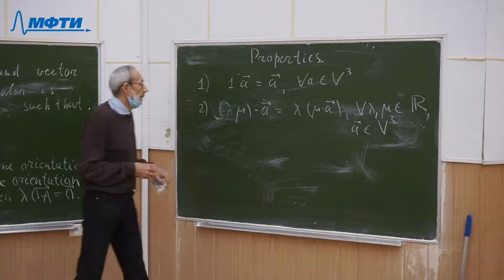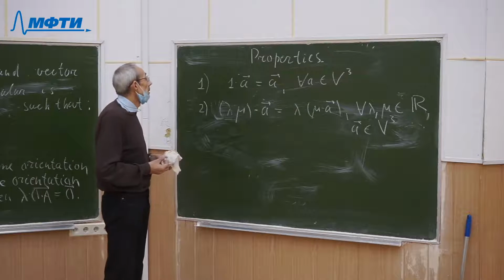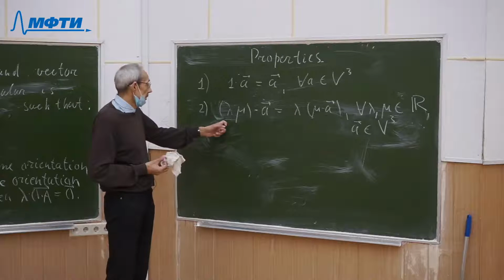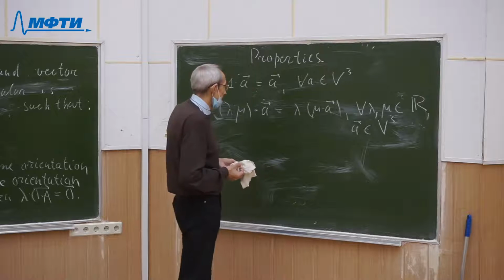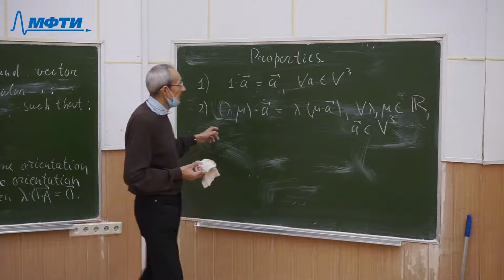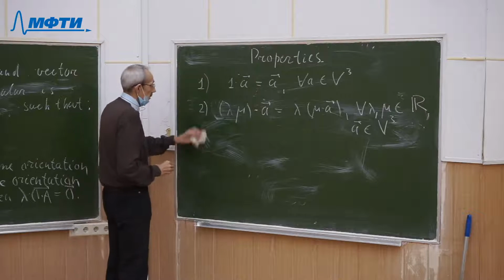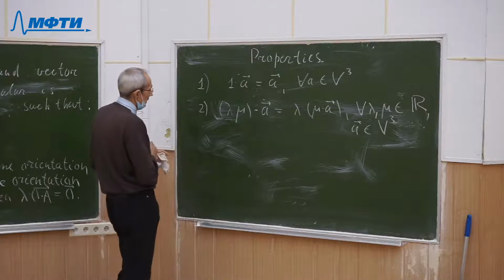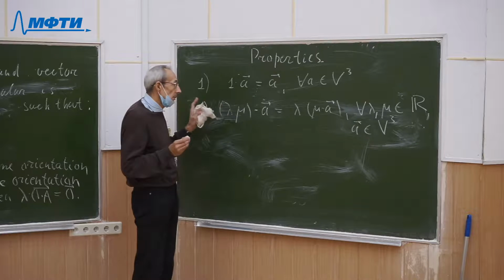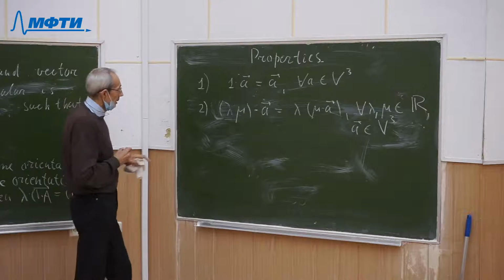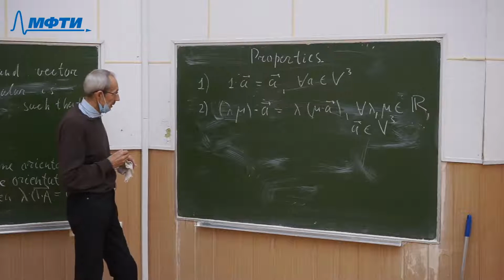We must consider all cases of signs of numbers lambda and mu, and we must compare the left side and right side. First case, when the sign of lambda and mu is the same. For example, let lambda and mu be positive numbers.